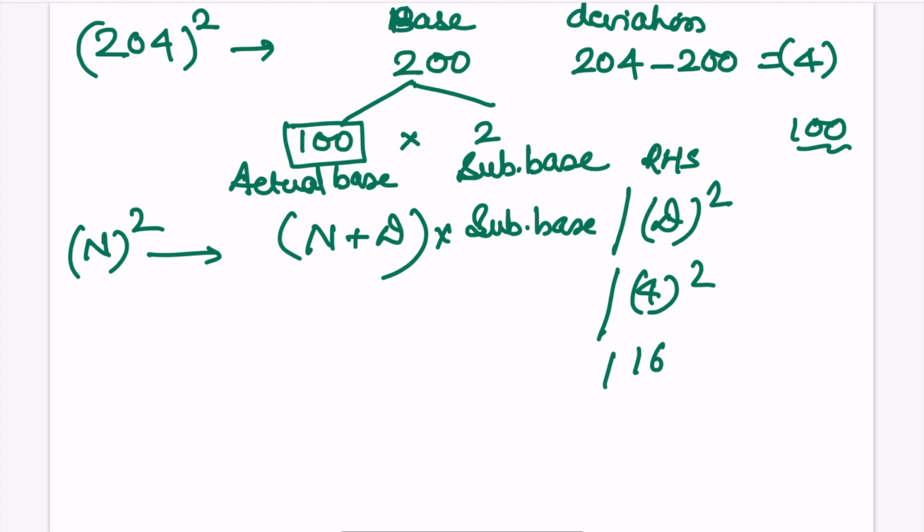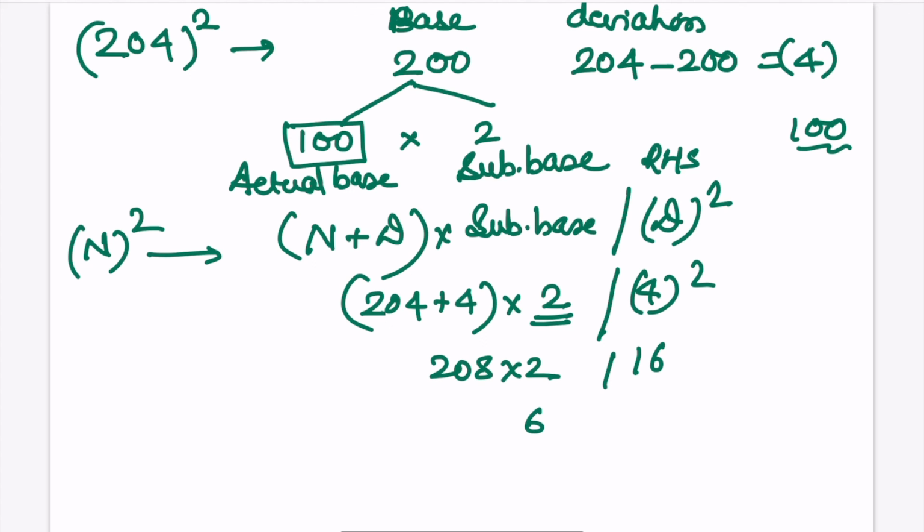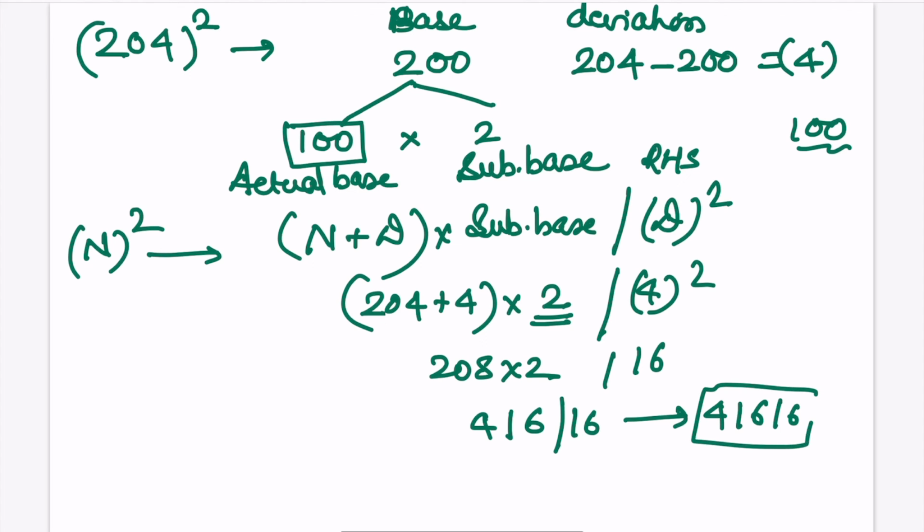Now the number is 204 plus the deviation 4 into the sub base equal to 2. So it is 208 into 2, which is equal to 416, and the answer is going to be 41616.